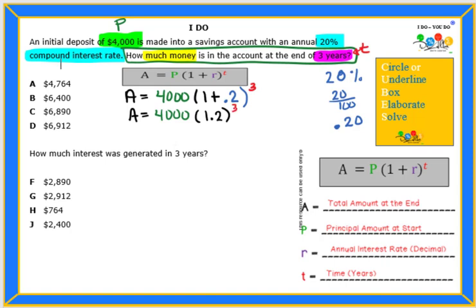So that exponent is the first thing I have to solve. So I have to solve what is 1.2 times 1.2 times 1.2, 1.2 to the power of 3. So I'm going to start with 1.2 times 1.2.